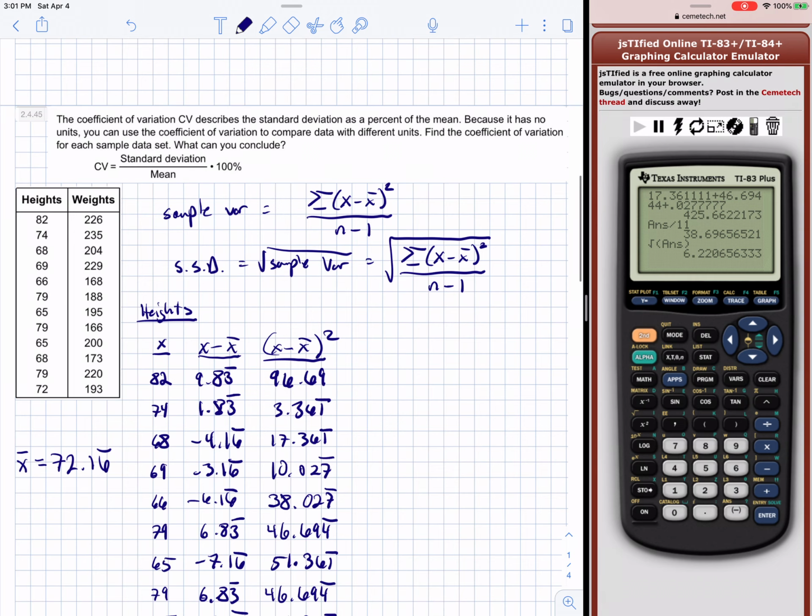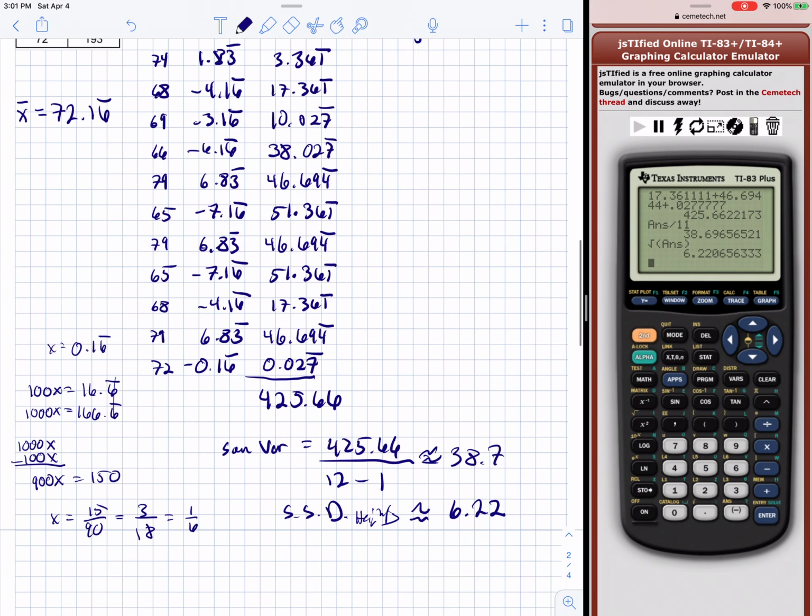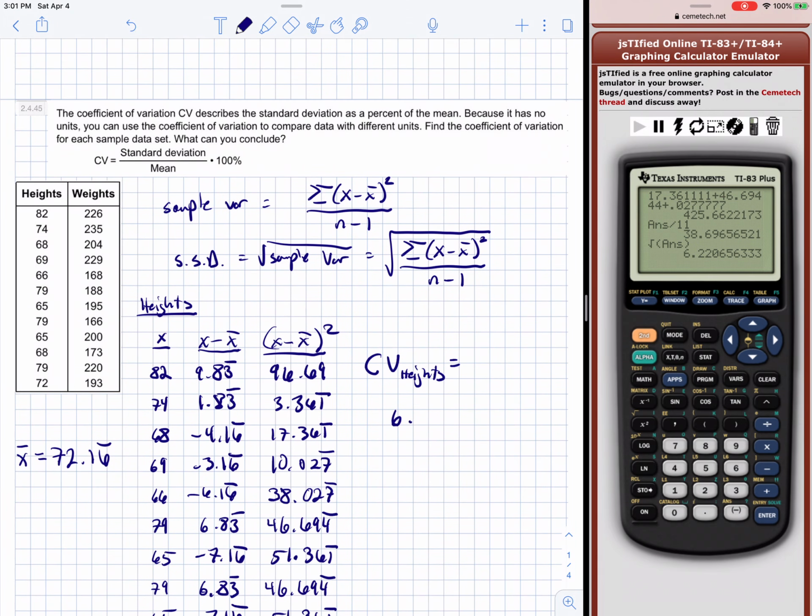So then for the coefficient of variation for the heights, it should be 6.22 divided by the 72.16 bar times 100%.